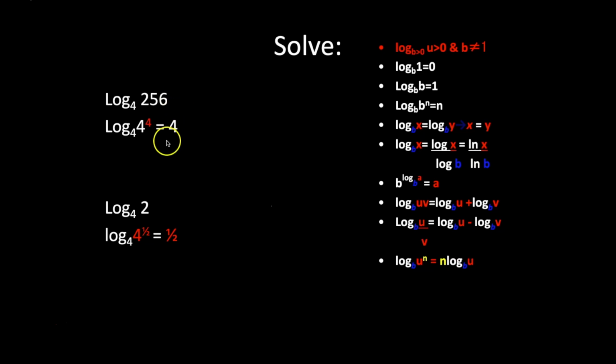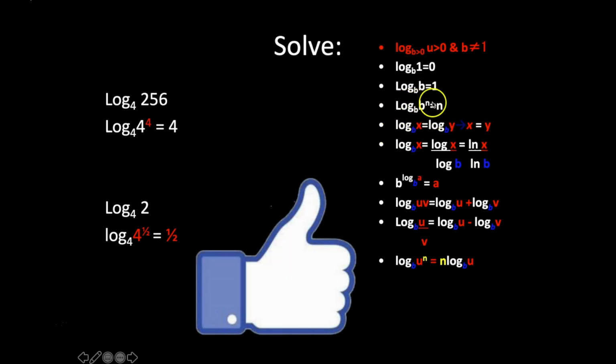So I can actually write 2 as the square root of 4, but we write it with a 1/2 exponent. That's another way to write a square root sign. So if these two are the same, the exponent is the answer, 1/2. Again, I'm using this third one here to illustrate on both of these, the third log rule.